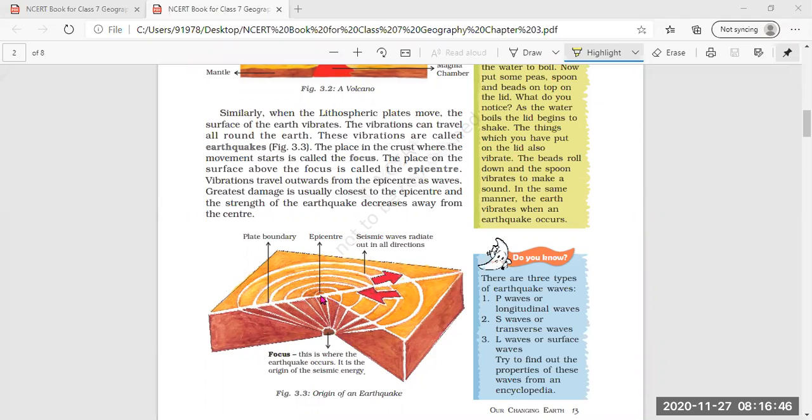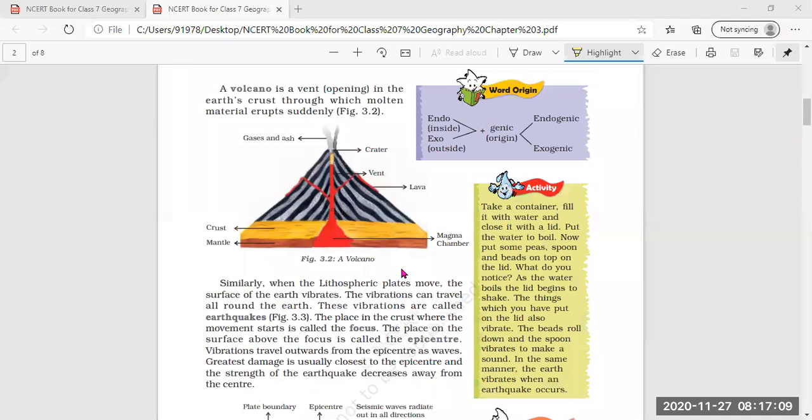The greatest damage is done near the epicenter only, just above the focus. When the vibrations travel outward from the epicenter, it is in the form of waves, and the greatest damage is usually closest to the epicenter. So all this we have read about.